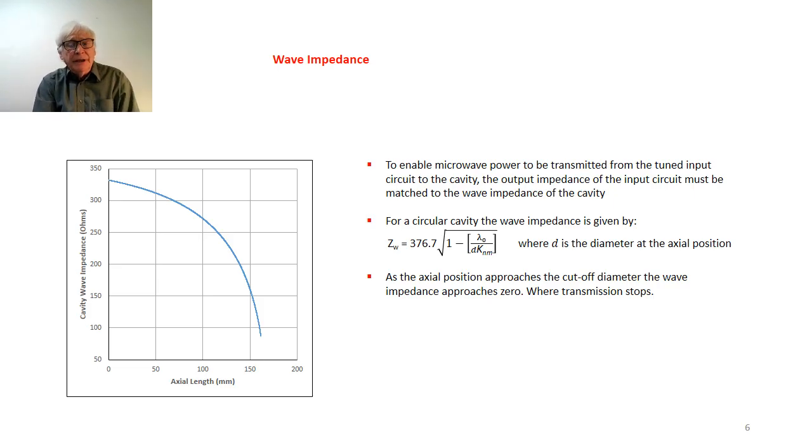And if you look at the plot of guide wavelength, which is given in ohms, as all impedance is, against the axial length along the tapered cavity, you will see that as the diameter approaches cutoff diameter, in other words, as we reach the cutoff point along the axial length of the tapered cavity, when you actually reach the cutoff diameter, wave impedance approaches zero.